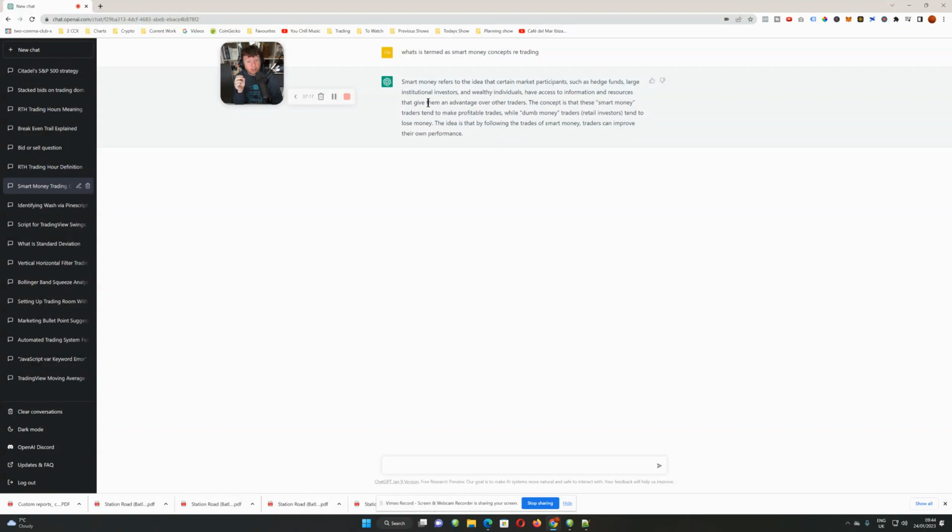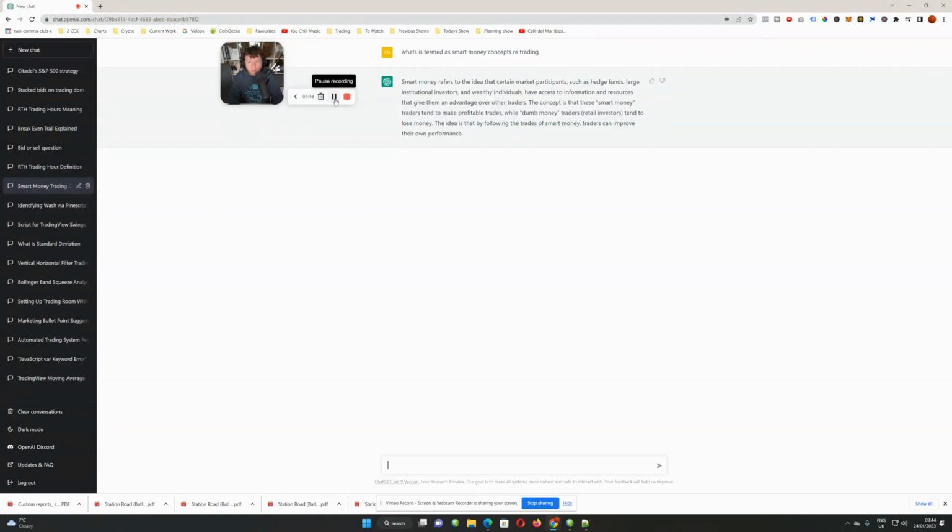The concept is that these smart money traders tend to make profitable trades, while dumb money, i.e., the likes of us, retail traders, tend to lose money. We provide the liquidity for the smart money. The idea is that by following the trades of the smart money, traders can improve their performance. So it answers in a very broad way, but it answers it pretty well.